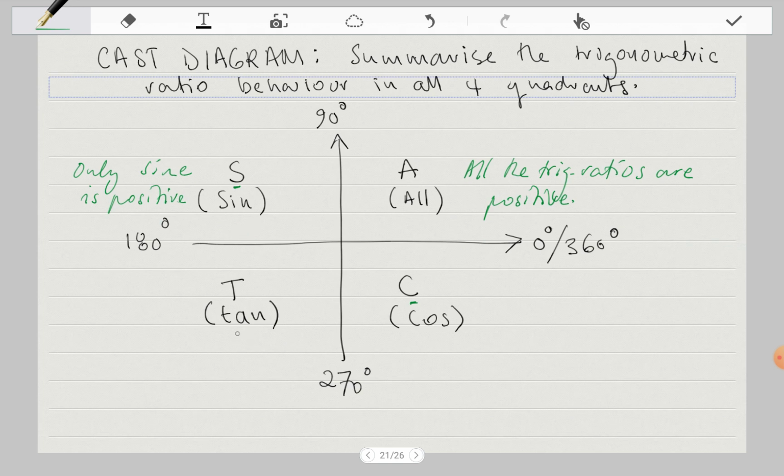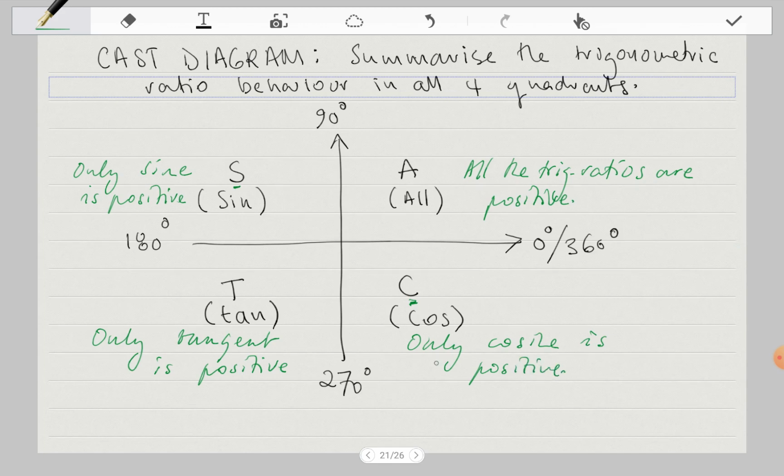If we look at the third quadrant, only tangent is positive, meaning that the sine and the cosine are negative. And in the fourth quadrant, we have only cosine to be positive, which then means that the sine and tangent are negative.